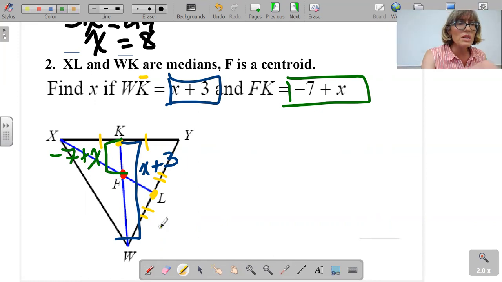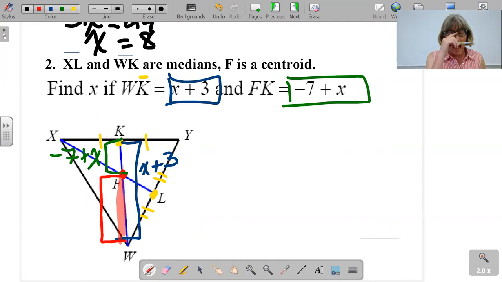The problem is we're missing a complete segment here, which I'm going to do F to W. Now you cannot just call that X because we already have the variable. So let's do our thing equation first. Our first thing equation is simply this.